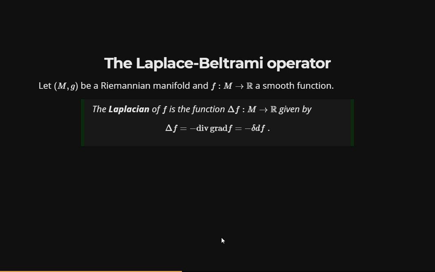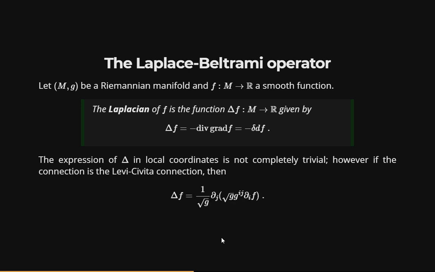By the way, if you use this formula in Rn, you will just get the trace of the Hessian matrix, what you would call the Laplacian in Rn. So everything makes sense if we are in Rn. Now, if you want to express the Laplacian in local coordinates, in general, it gets messy.